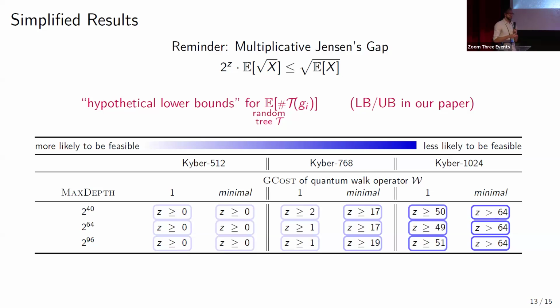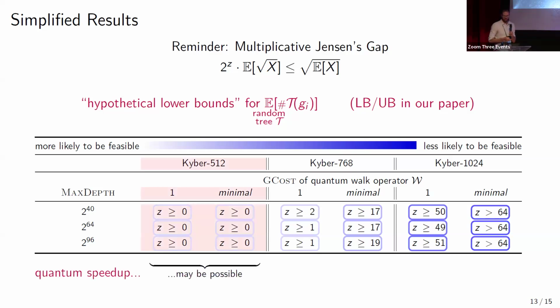Let's remember the Z values that we see here are basically the Jensen gap that is required in order for the total cost to be less than that of running Grover on AS. And as I said again, we don't know what these values actually are. We can just bound the size of them that would be required to actually get a speed up.